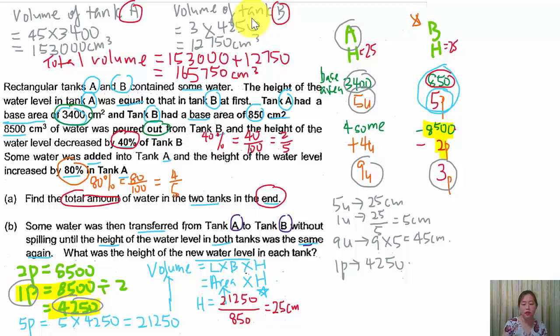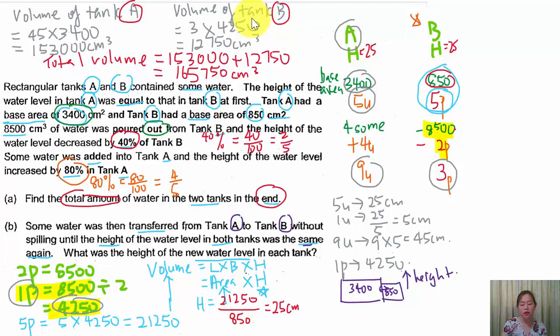So it means that the base area here, which is 3400, and the base area here, which is 850, let's pretend that they are stuck next to each other and there is a leak, so water can flow to each other, so that the height will be the same.